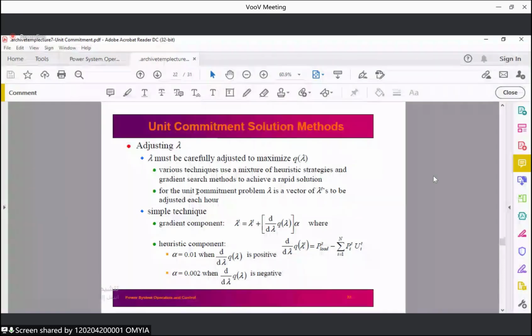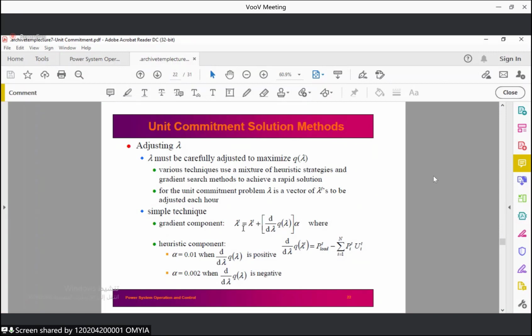The Lagrange relaxation procedure uses a combination of gradient search and various heuristics to get a rapid solution. So this is the gradient component, and this is the heuristic component.